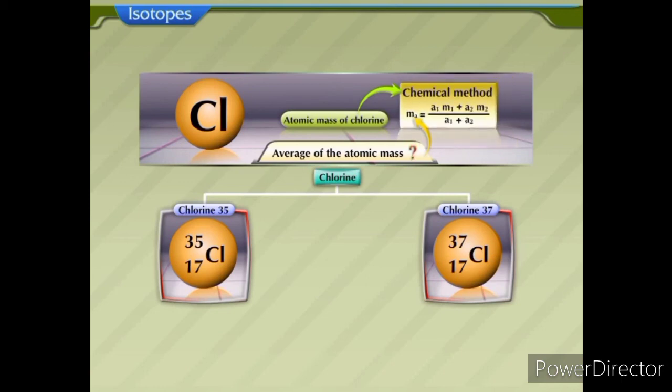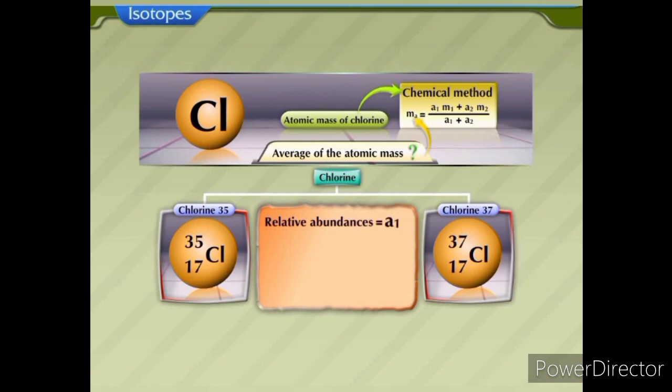Suppose that an element has two isotopes with the relative abundances A1 and A2 and atomic masses M1 and M2. Then the average atomic mass Ma equals the sum of the product of A1 and M1 and the product of A2 and M2, divided by the sum of A1 and A2.